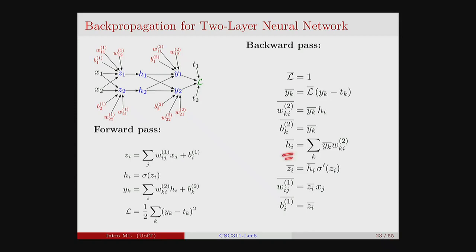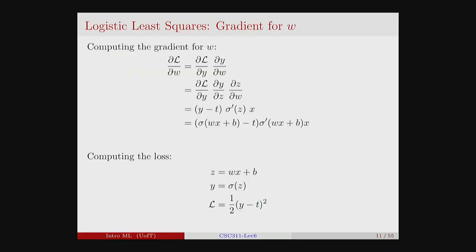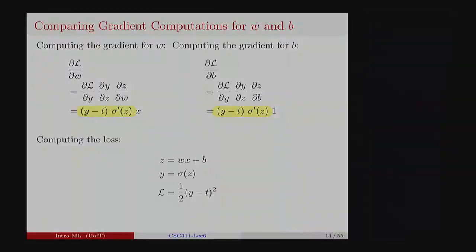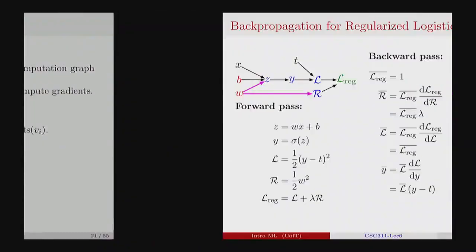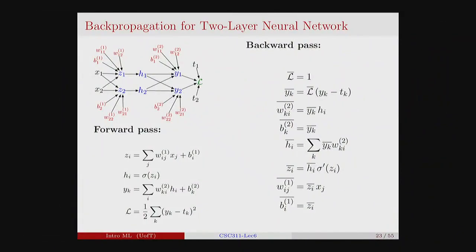So hi bar is going to be the derivative, whoops, sorry. Here, we set hi bar equal to the sum of yk bar times the derivative, so you just need y1 bar and y2 bar. And that's all you need in order to compute hi bar, because the only other information is how the y's change as a function of the h's, which is given to you by the derivative of the sigmoid operation.